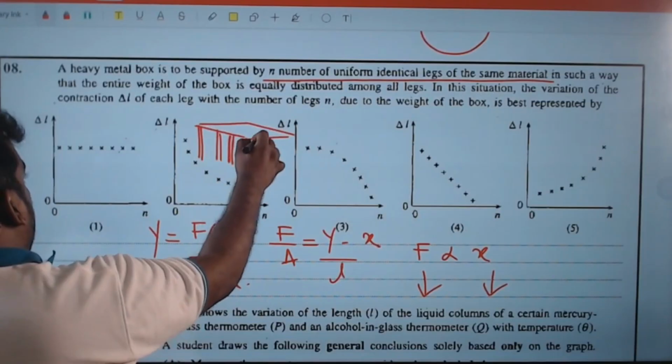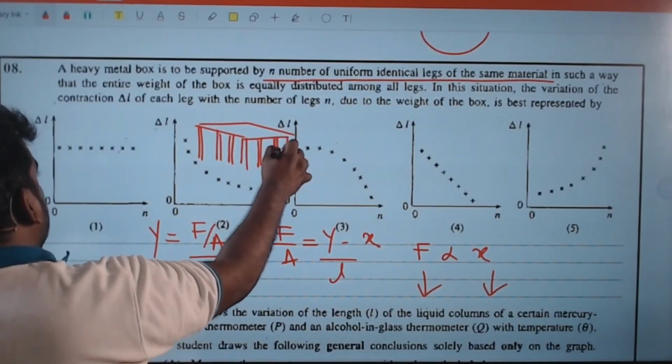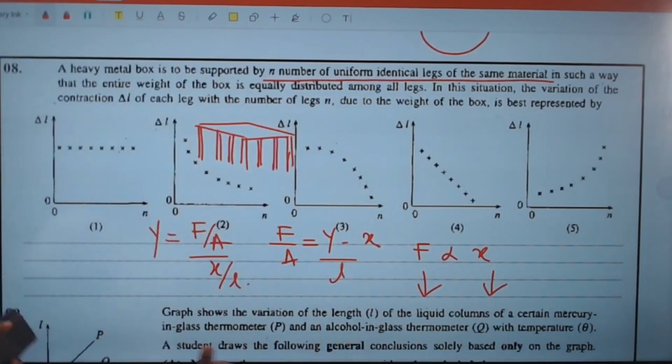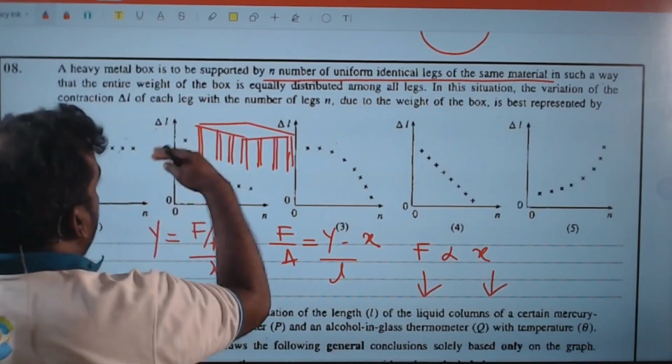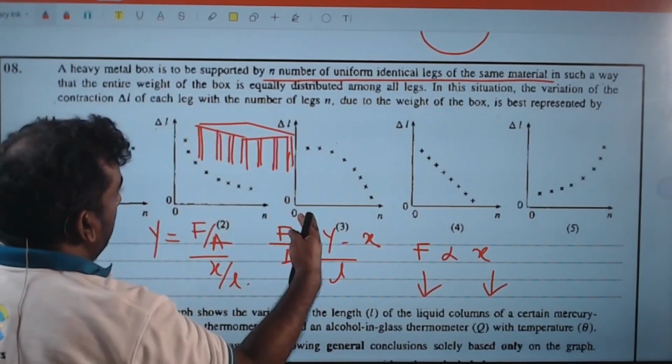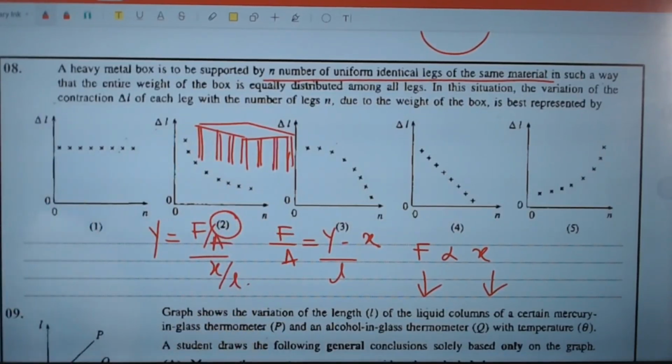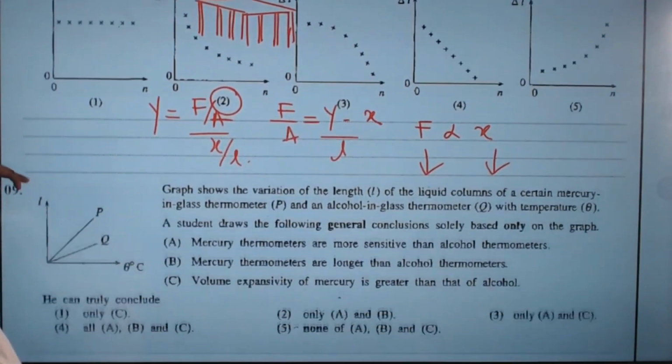When you increase the number of legs in the table, the total load will divide equally. Load will reduce. But if there was one leg, there will be a bigger compression. Many legs, smaller compression. It will be a non-linear variation, answer number 2. Imagine one leg means bigger compression, right?